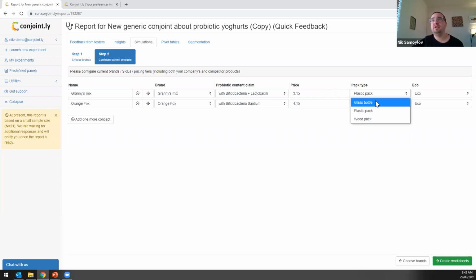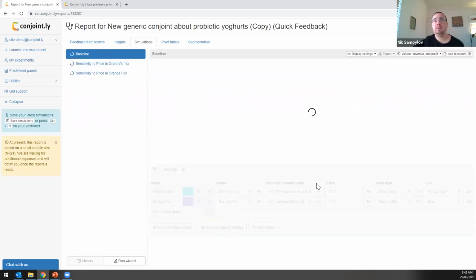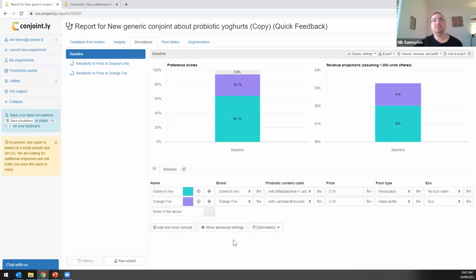We offer, for example, in wood, and we are not eco-friendly. And Orange Fox is offering this, for example, at a higher price. They're eco-friendly and they offer it in glass bottle. And then we can set up this simulation and see what is the percentage of respondents who would go for us versus Orange Fox.